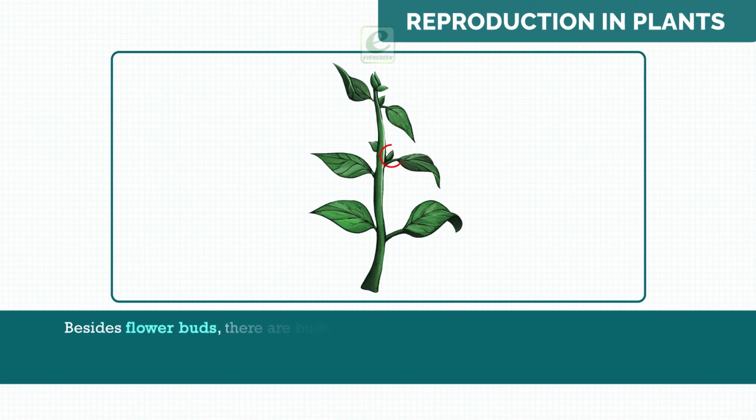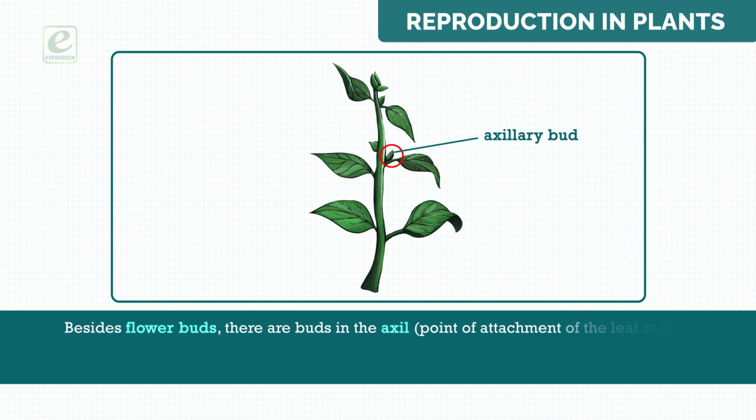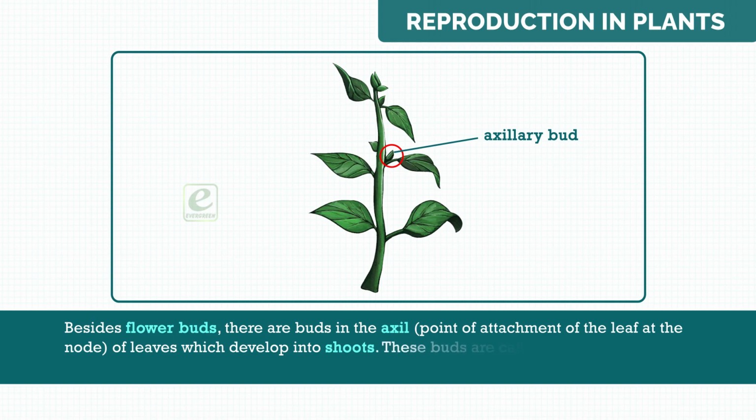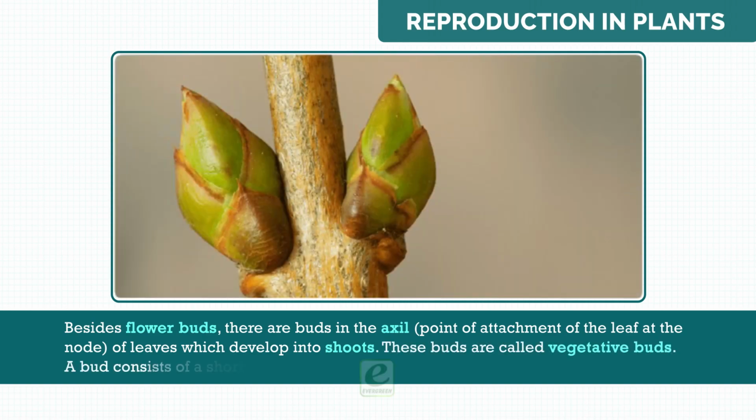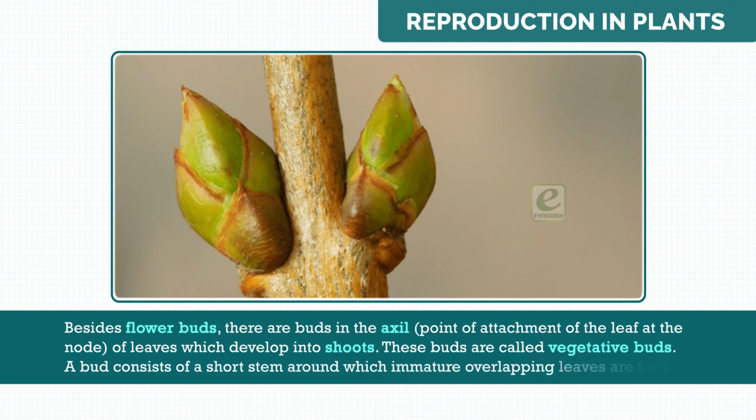Besides flower buds, there are buds in the axil, the point of attachment of the leaf, at the node of leaves which develop into shoots. These buds are called vegetative buds. A bud consists of a short stem around which immature overlapping leaves are folded.